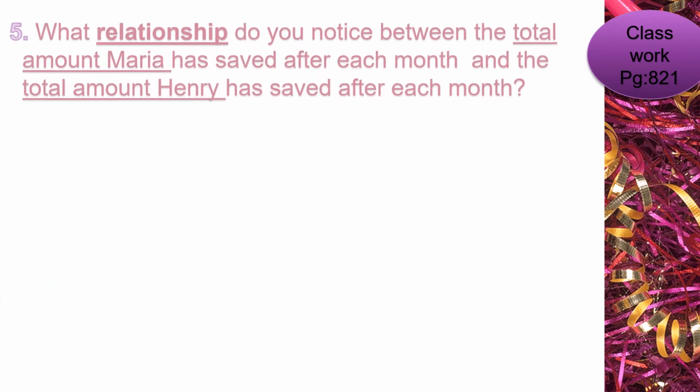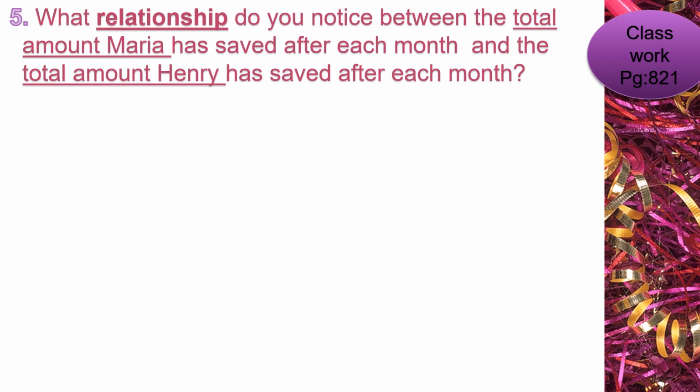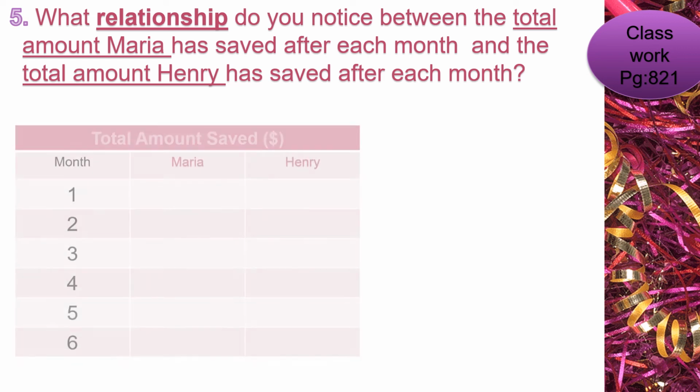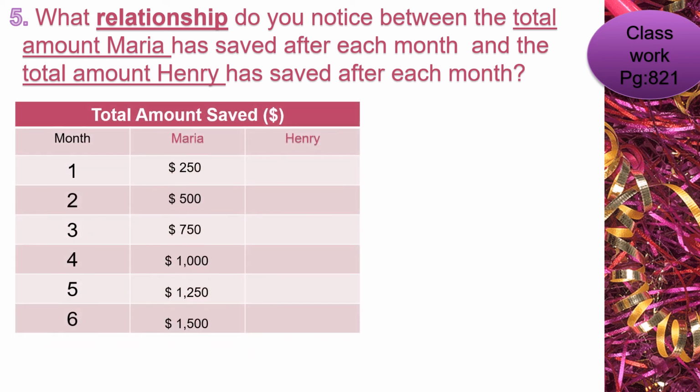Now let's solve one more problem. Question number 5. What relationship do you notice between the total amount Maria has saved after each month and the total amount Henry has saved after each month? So now let's look at the table carefully. The total amount Maria saved and the total amount Henry saved.